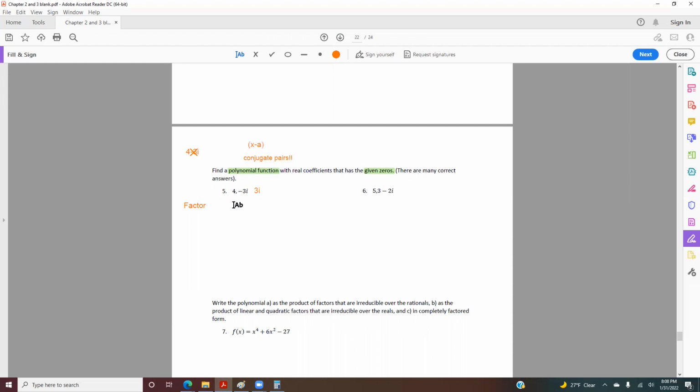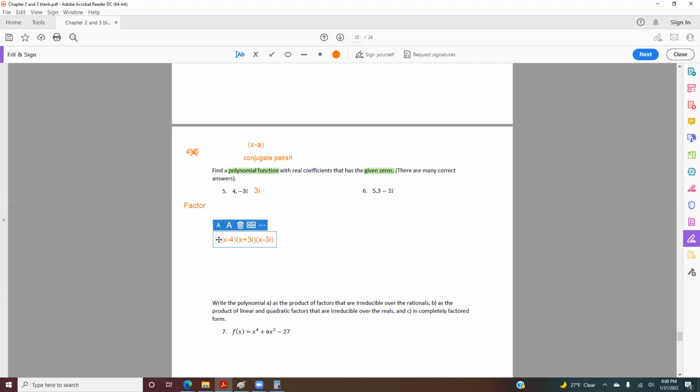So can you write down the factor form in this case? For 4, the factor form is what? x minus 4. And for -3i, the factor form is x plus 3i. And for 3i, the factor form is x minus 3i.